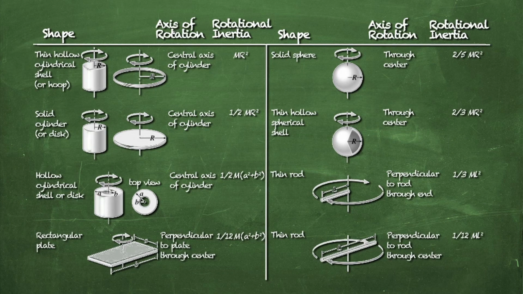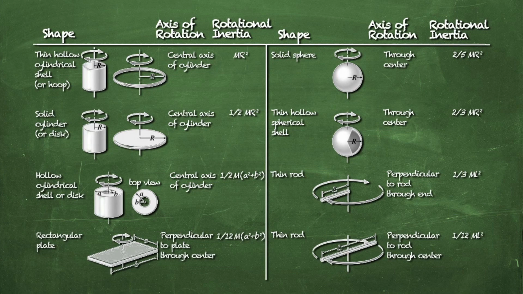And so since that mass that's closer to the axis has a smaller r, the rotational inertia of this solid cylinder or solid disk is not going to be m r squared. In fact, it's equal to 1/2 of the total mass of the disk or cylinder times the radius of the disk or cylinder squared.